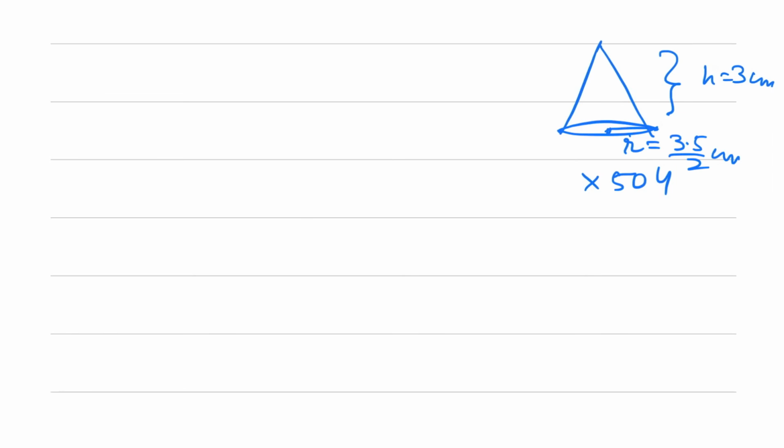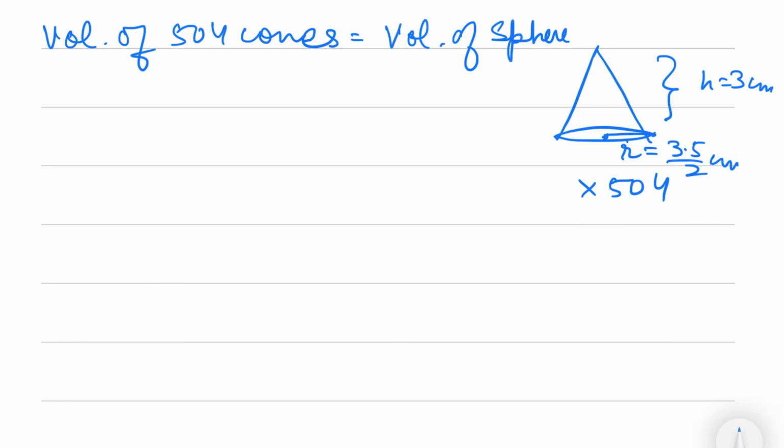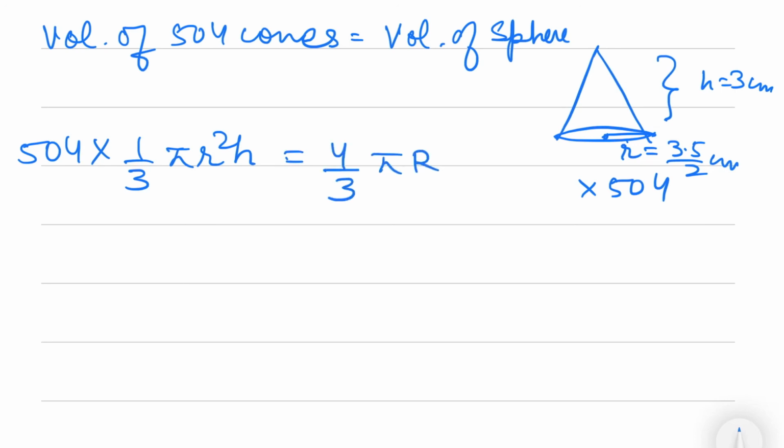So now we can say volume of 504 cones is equal to volume of sphere. Let's write down the formula first. 504 cones, and volume of one cone is 1 by 3 pi r square h, equal to volume of a sphere, 4 by 3 pi R cube.